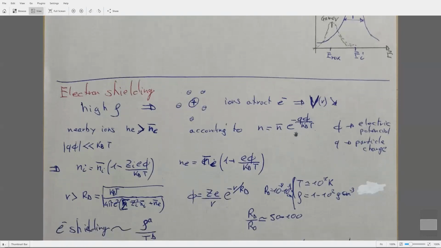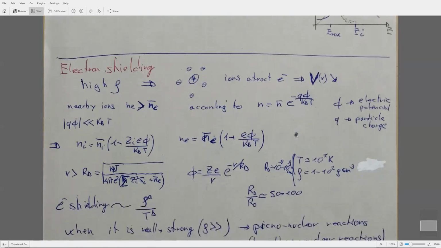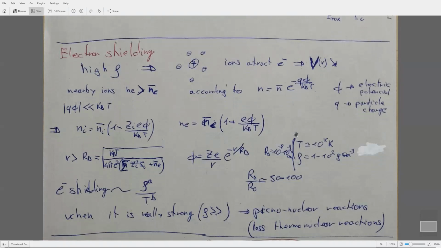Another point is the electron shielding. As I mentioned before, for the plasma, the particle is no longer interacting with the Coulomb interaction of a single particle in general, because the particles see the plasma as something more uniform.